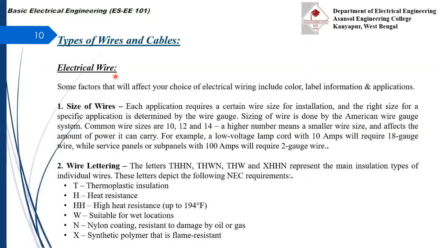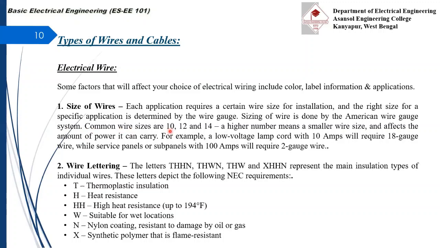Okay, now some factors that will affect the choice of electrical wiring include color, label information and applications. Size of wire. Each application requires a certain wire size for installation, and the right size for a specific application is determined by the wire gauge. Sizing of wire is done by the American wire gauge system.